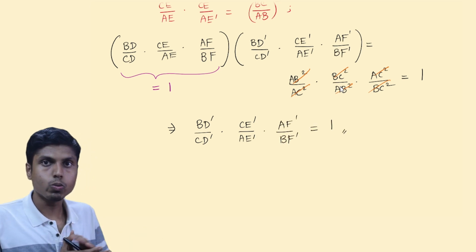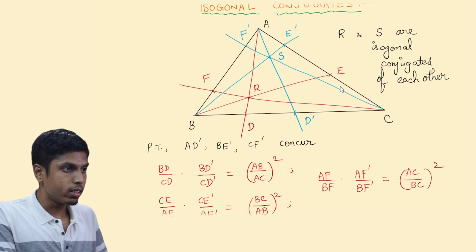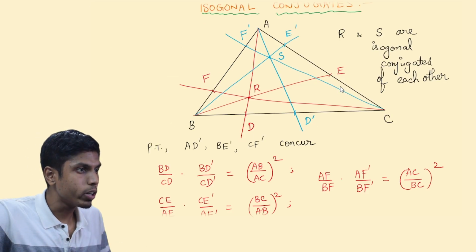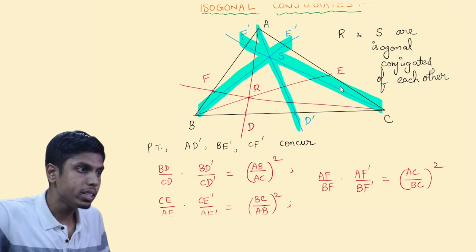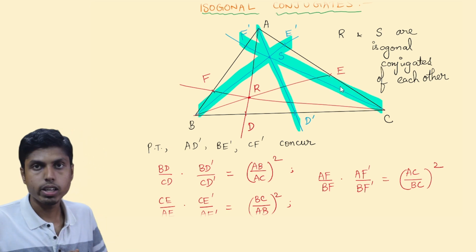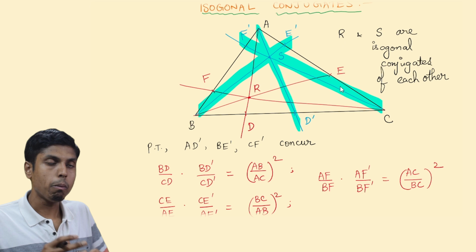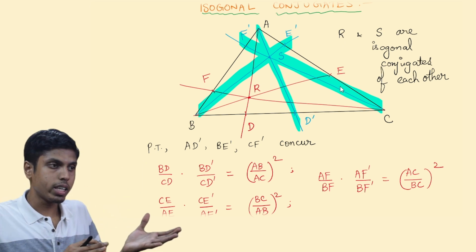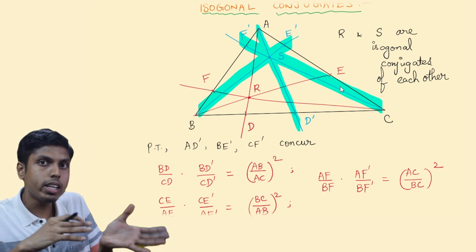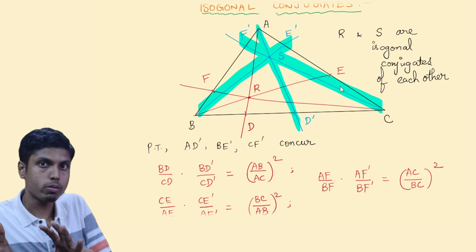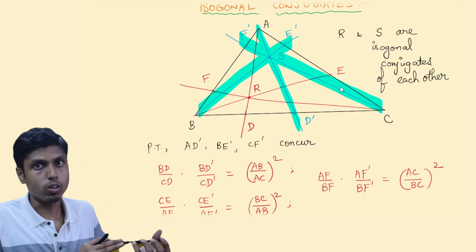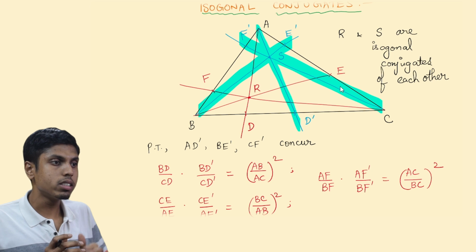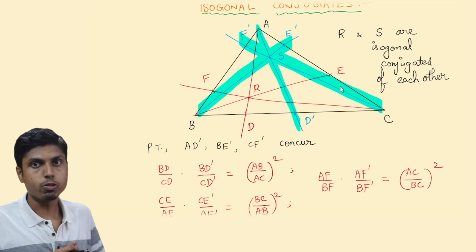And since this ratio is 1, we get that the cevians corresponding to D prime, E prime and F prime on BC, AC and AB respectively must concur at a point by the converse of Ceva's theorem. Ceva's theorem states that if they concur, then the ratios multiply to 1. And if the ratios multiply to 1, they all concur is the converse. And hence, the existence of the isogonal conjugate is proved.